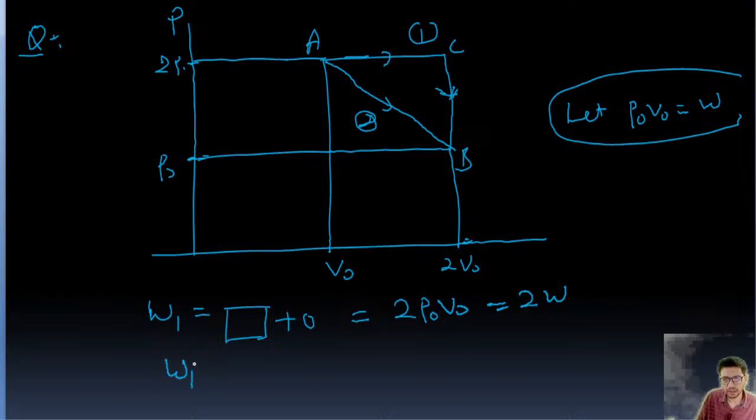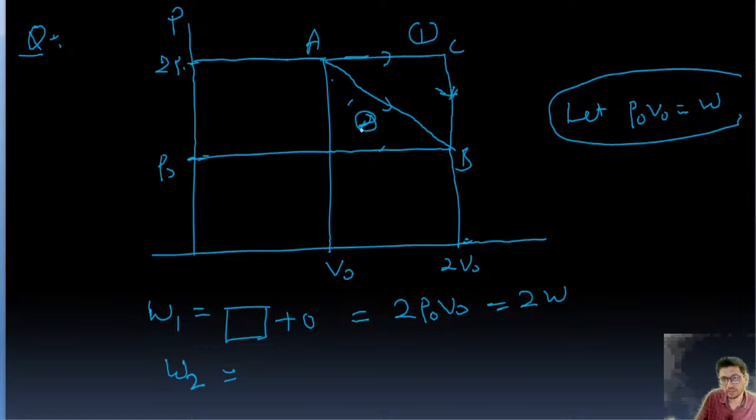Similarly we'll find W2. W2 is from going A to B. A to B means the area covered by this curve, right?